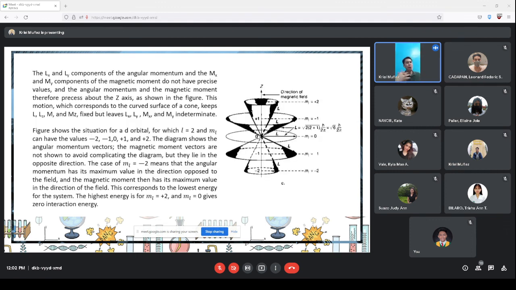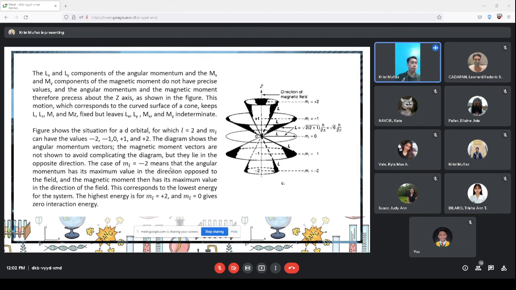Anyways, so basta class, kapag nag-go sila along sa positive z-axis, yung ating magnetic moment, yun yung pinakamababa yung energy. And kapag nag-oppose siya doon, yun yung pinakamataas na energy. Okay? So, obviously, kaya mo nang i-rank yung -2, -1, 0, 1, and 2. Okay? So, yeah, the case of M sub L is equal to -2 means that the angular momentum has its maximum value in the direction opposed to the field.